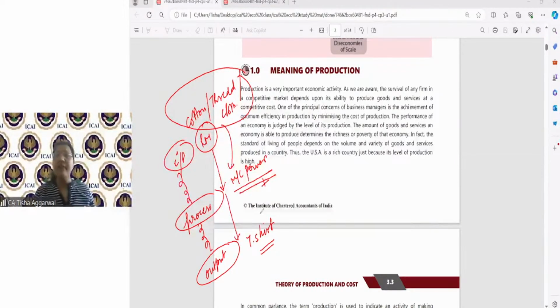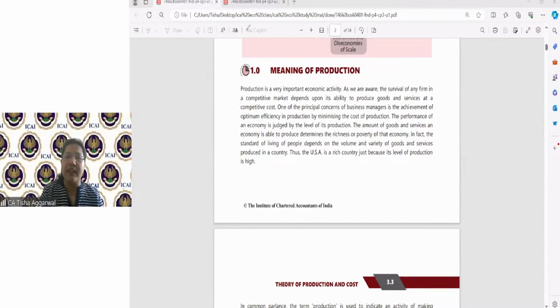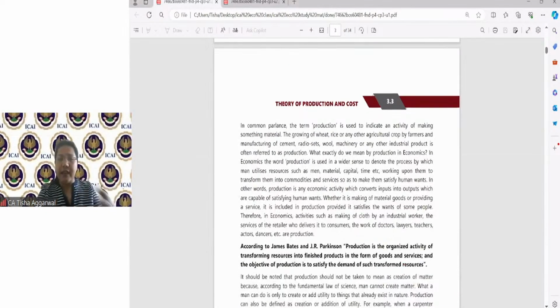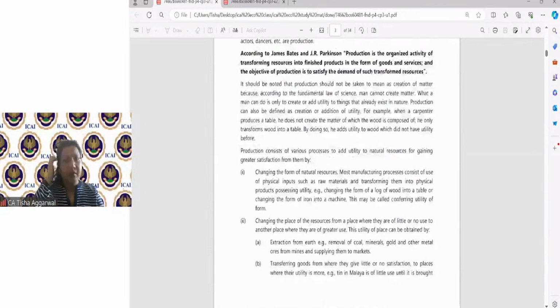Whenever we talk about production, it is one basic concept wherein we discuss how resources are converted into a full and final product, which is of great utility and of use to the end consumer. Production is a very simple process. It means that the inputs, after the utilization of the resources, get converted into a finished product in the form of goods and services to satisfy demand.